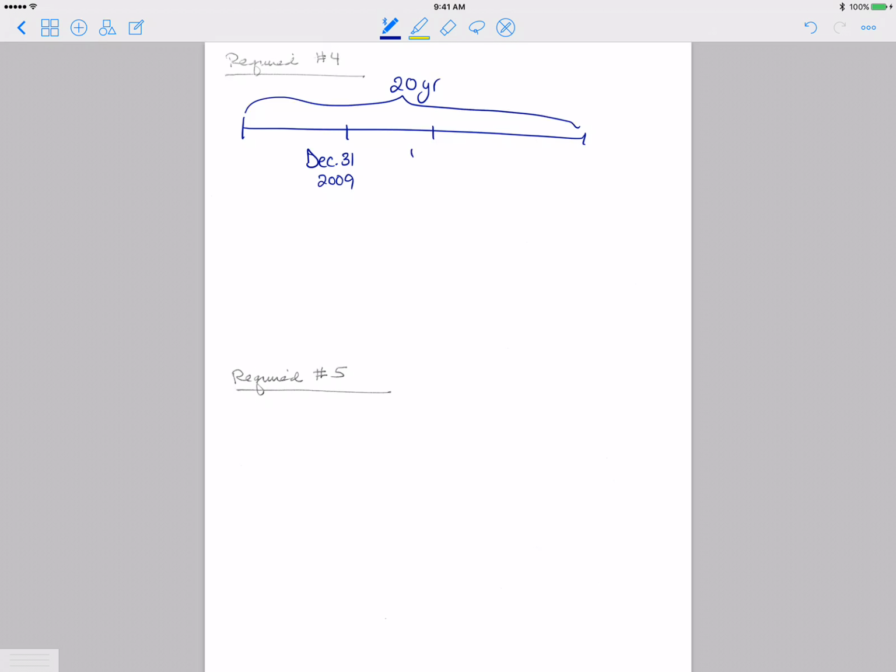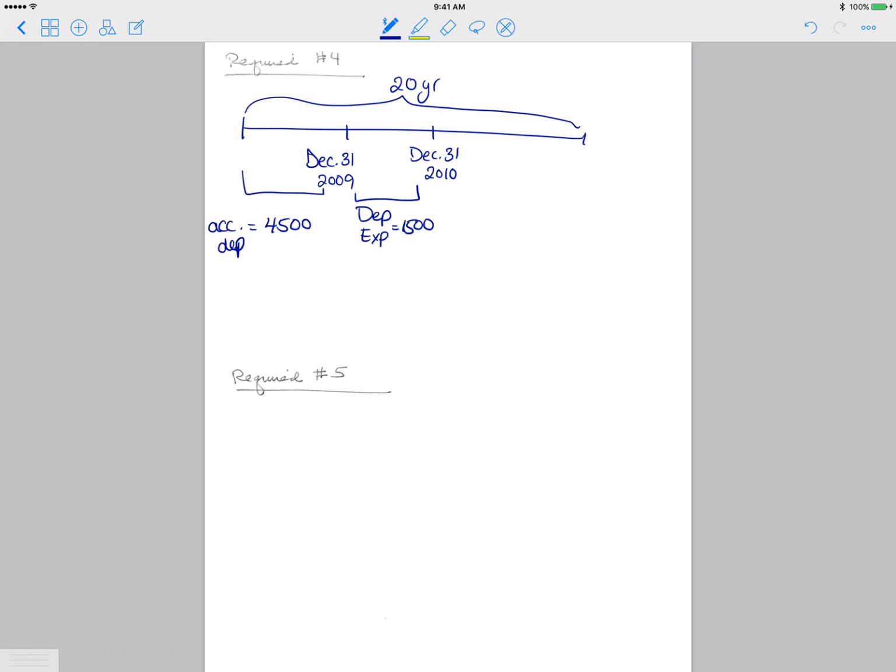And here we have December 31st, 2010. For here, we have accrued a depreciation expense of 1,500, correct. We also know that from here to here, we have an accumulated depreciation before we added the one for this year, which is 1,500.